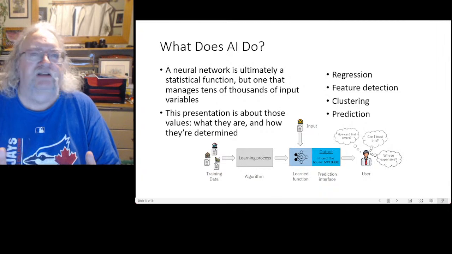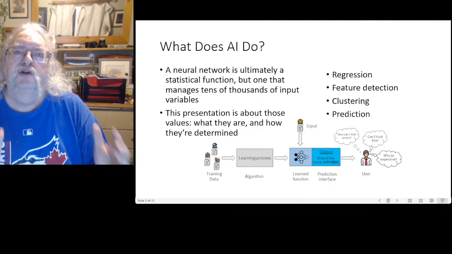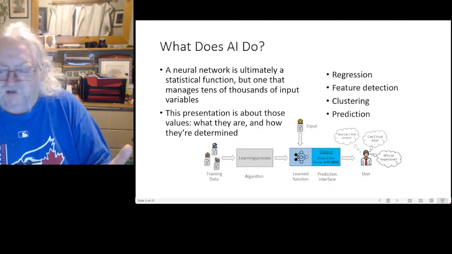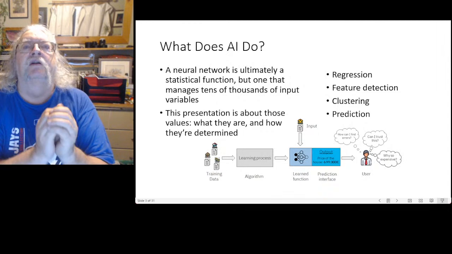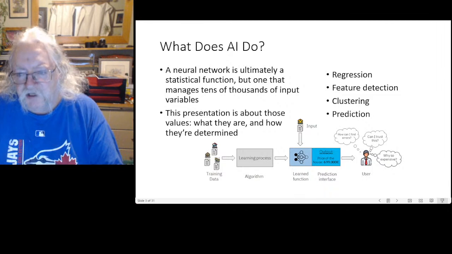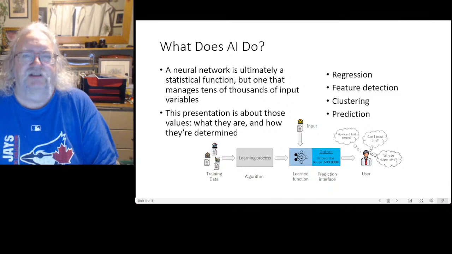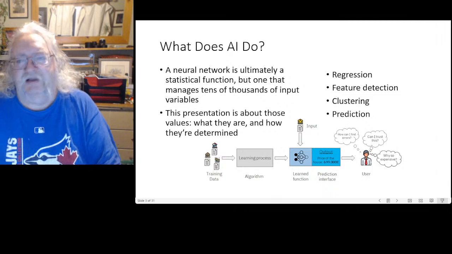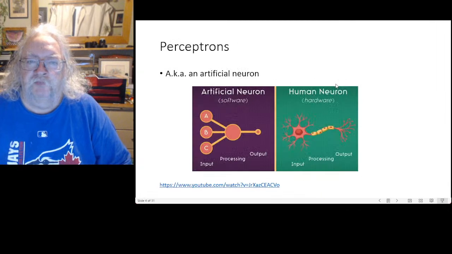We'll look at an example of that in this presentation. Clustering, now I don't talk too much about clustering. In fact, I only briefly refer to it on one slide, but that's organizing data into categories. And then finally, prediction, which is, as the word suggests, making a prediction. What will happen next time? Put new data into the system, what will come out the other end?